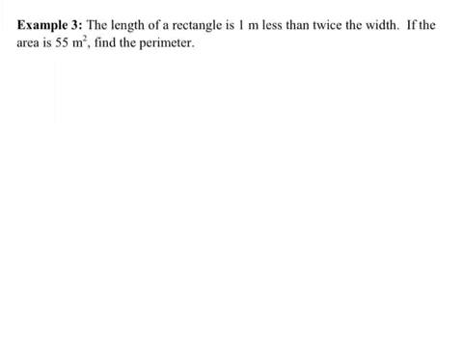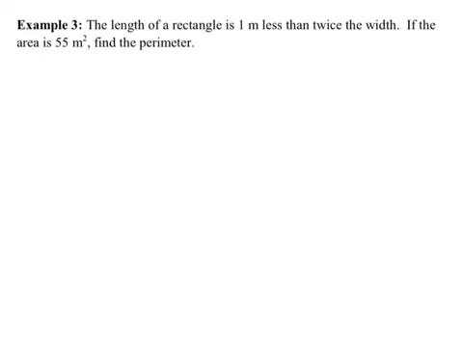Reader, please. Reader, nice and loud. Okay. The length of a rectangle is 1 meter less than twice the width. If the area is 55 meters squared, find the perimeter. All right. So give me a let statement based on the first sentence, please.